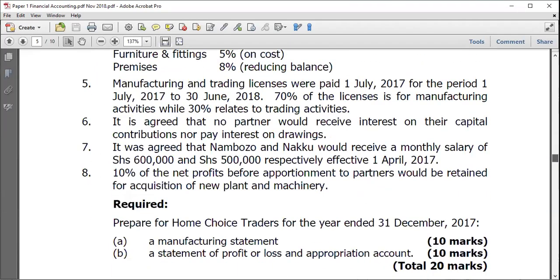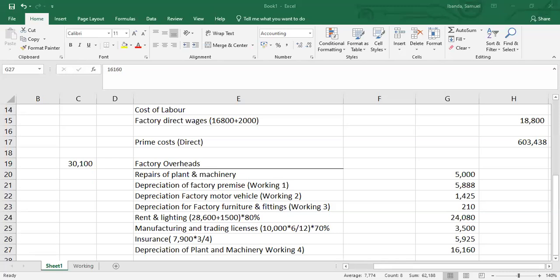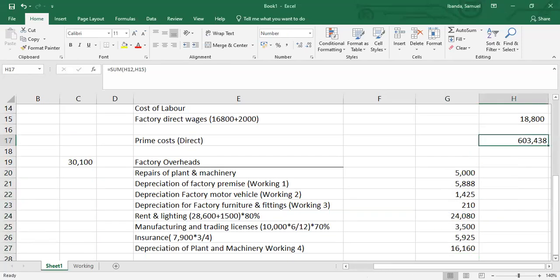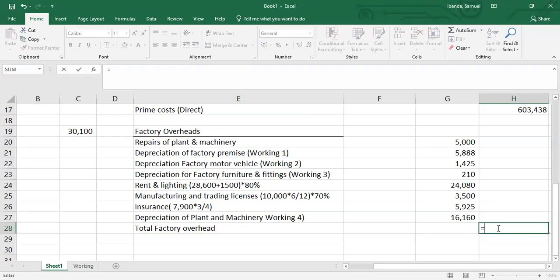If that is okay, yours is now to go back and calculate. What we are going to do is add our factory overhead to what we got as our prime cost, which is this. So the total factory overhead is the summation of all this, which gets me to 62.